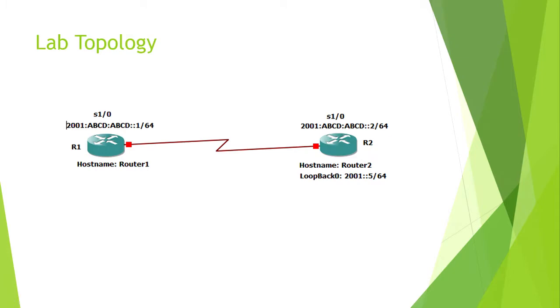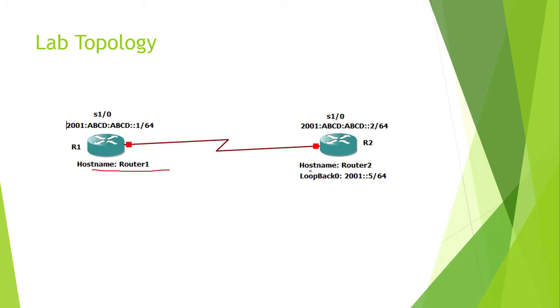The lab topology is shown over here, where a simple strategy is shown. There are two routers, R1 and R2, and they have certain names. Let me find a pen over here.